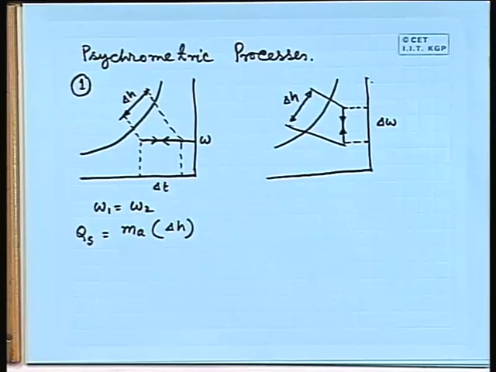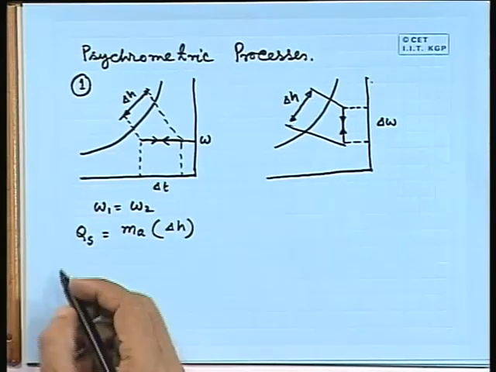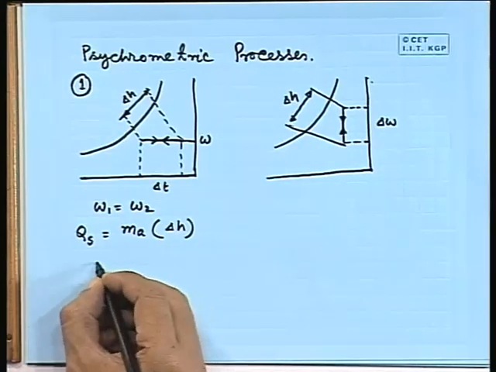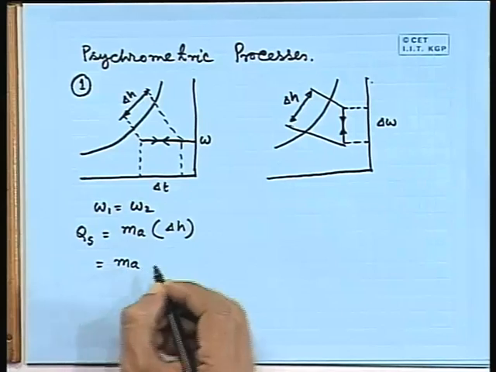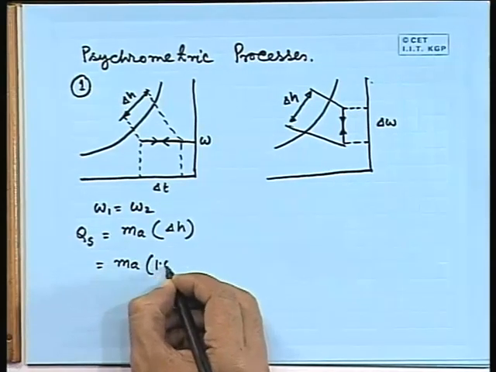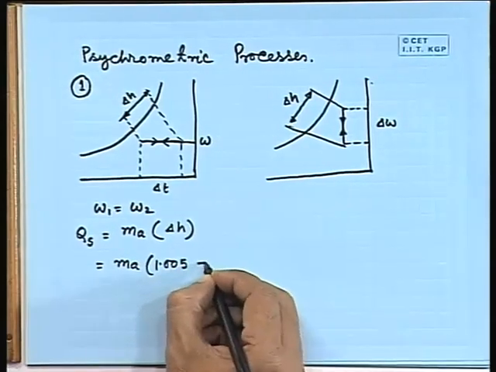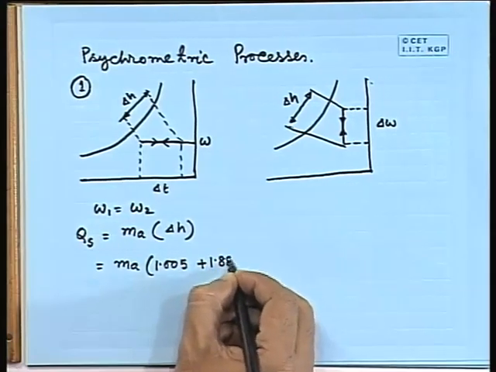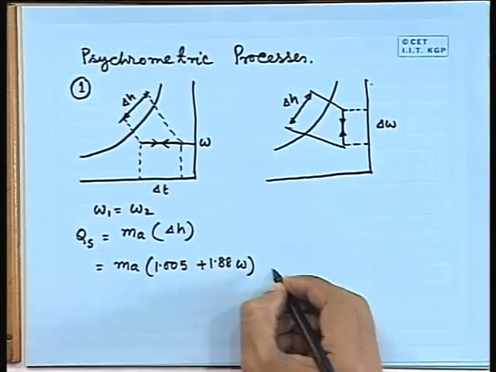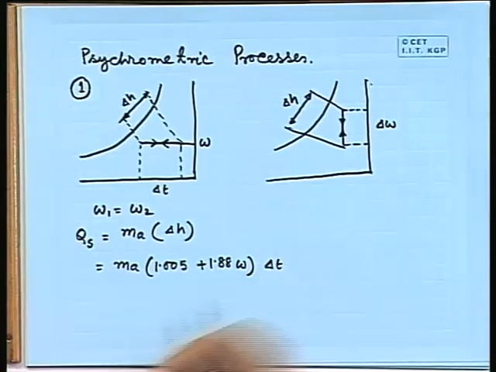Okay. So, we can write Q sensible as equal to m dot A into (1.005 plus 1.88 W) into delta T. So, this is what I can write.